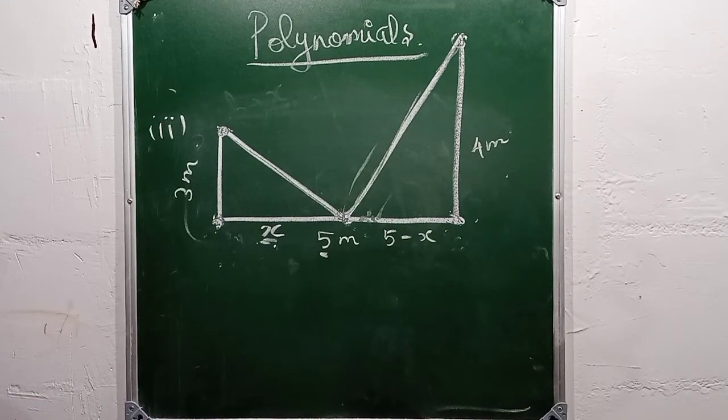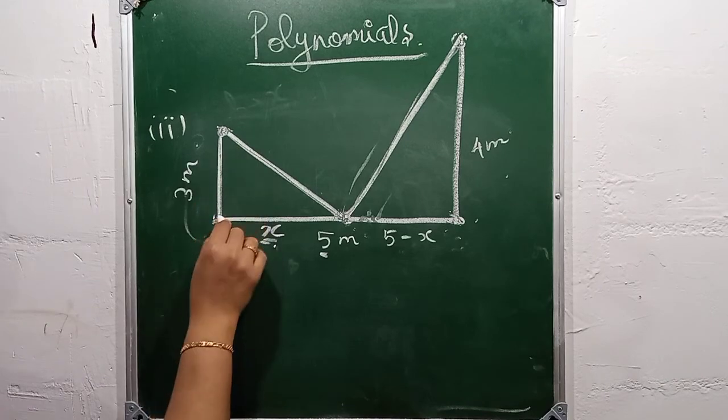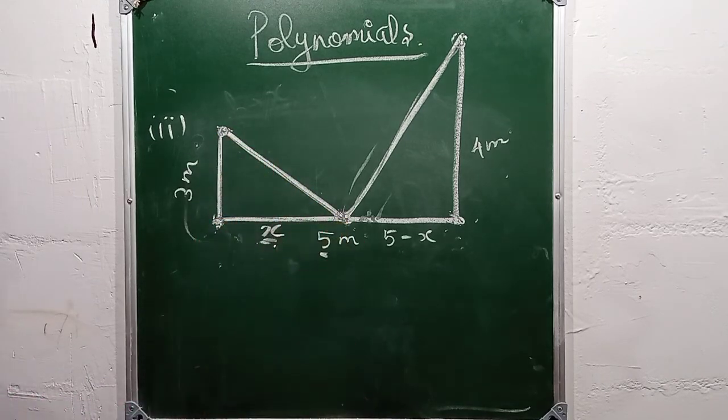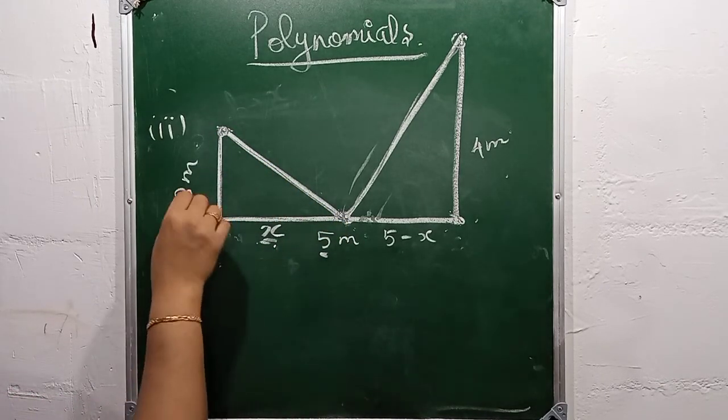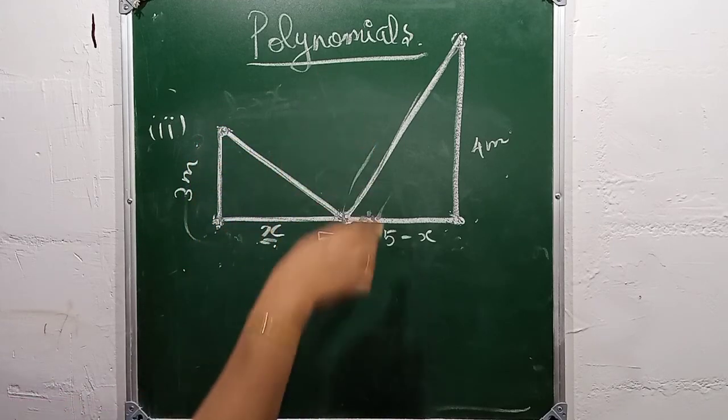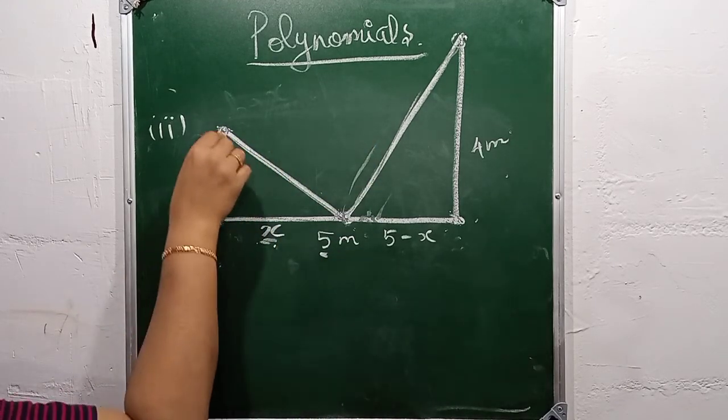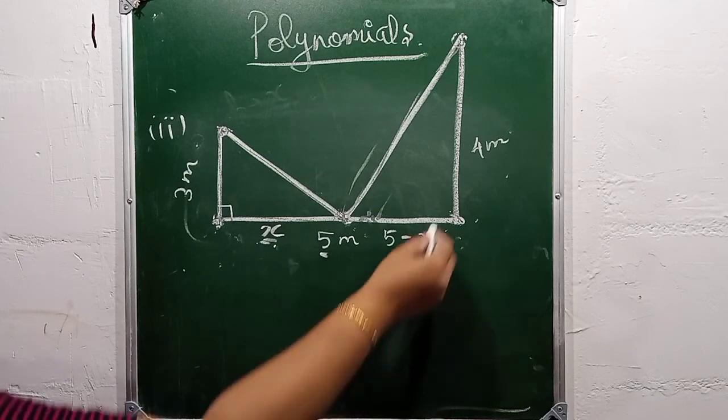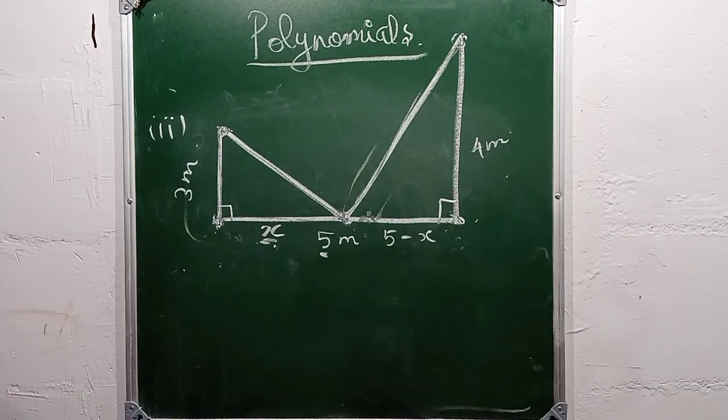Okay, so here you can see two right triangles, because the poles are erected upright on the ground, so both the poles make a 90 degree angle with the ground.